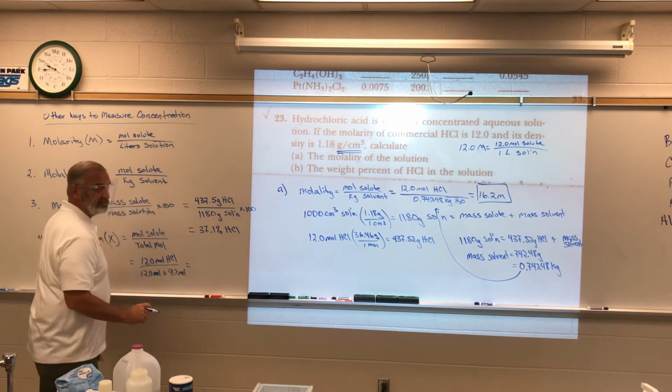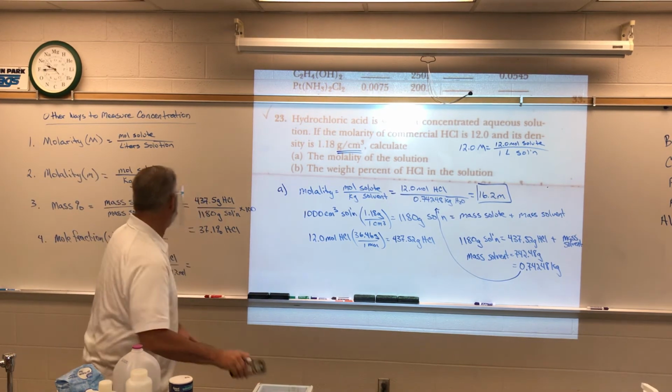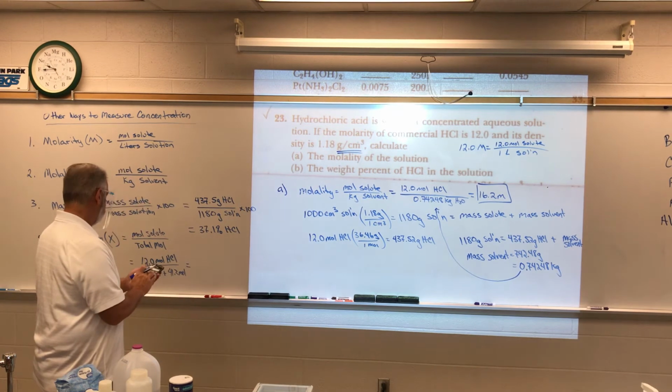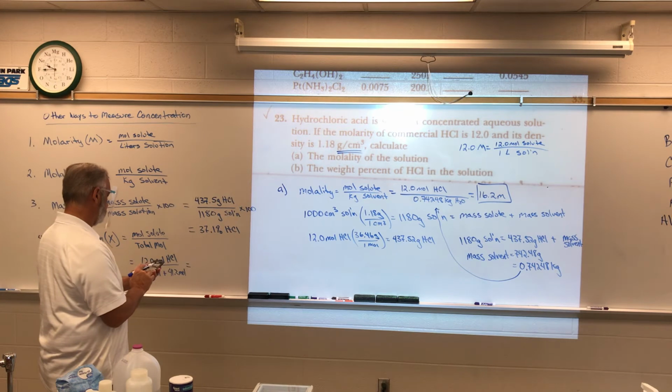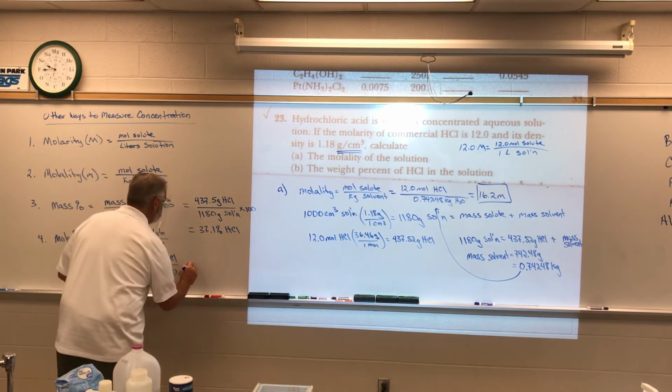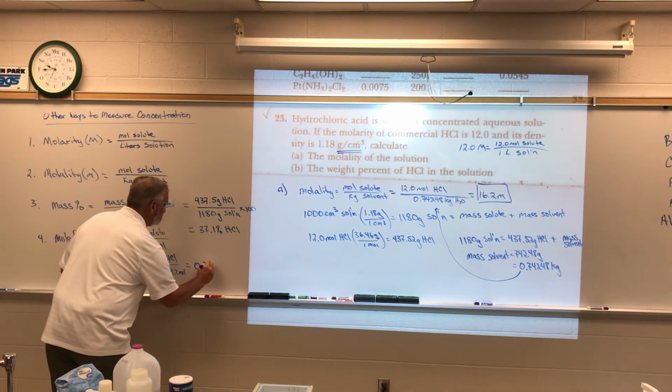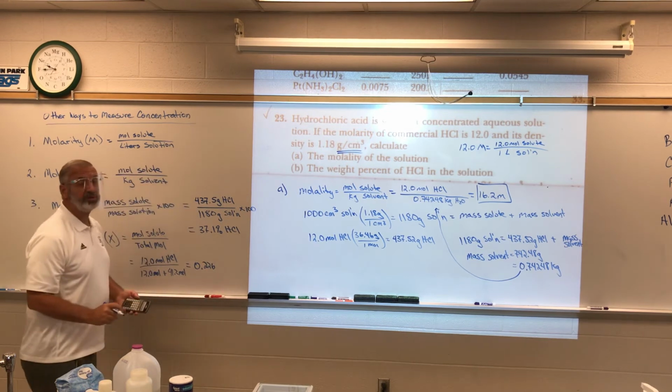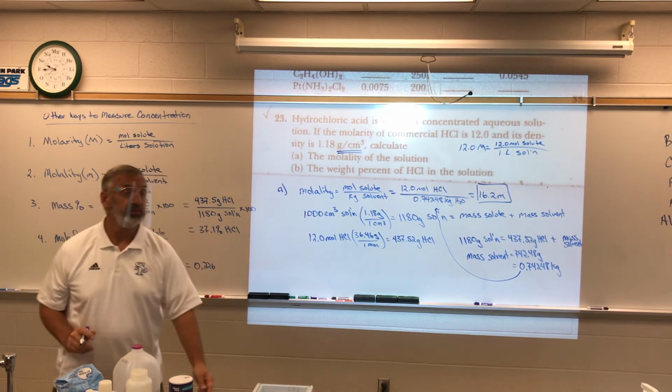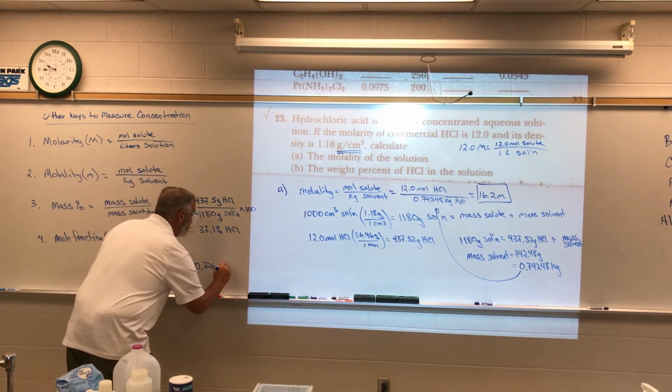So that turns out to be then 12 divided by 53.2, which is 0.226. And there's no unit on mole fraction. So we would say this is equal to the mole fraction of HCl.